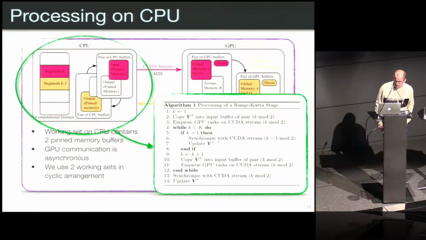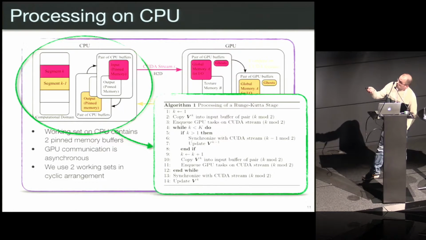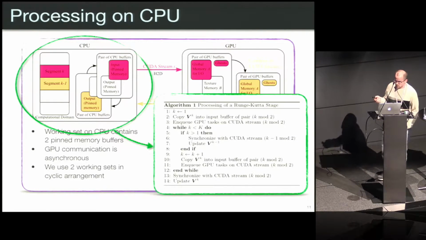So the way we process these segments on the CPU is shown in the box here by algorithm 1. I need to mention that the vector v here denotes either one of those 7 arrays I mentioned before, and the superscript k denotes the index of the segment. So we start by copying the data from the host domain into the first pinned buffer of an available working set, followed by enqueuing the necessary GPU tasks to compute the right-hand side for this particular segment.